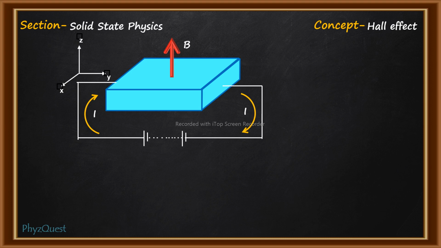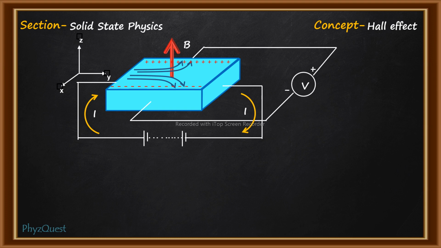Because of the magnetic field, the negative charges feel a magnetic force and move towards one side of the solid, and the positive charges to the other side. Because of the separation of charge, it creates a potential difference or electric field in a direction perpendicular to both the magnetic field and the current flow, and this is known as the Hall effect.